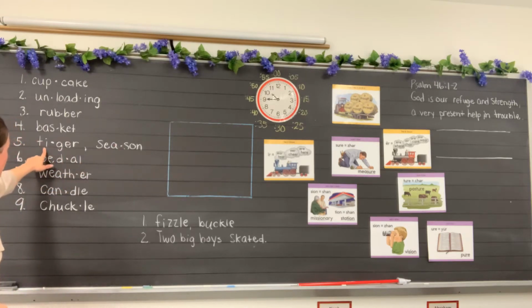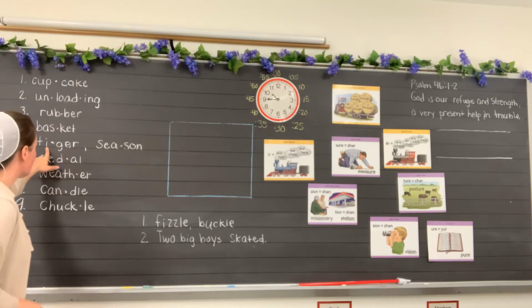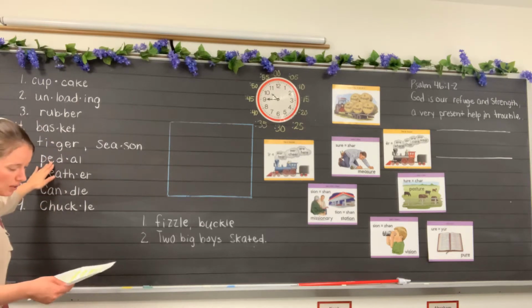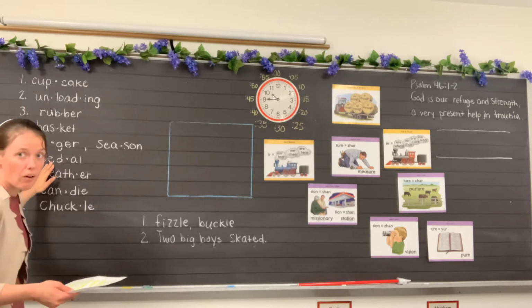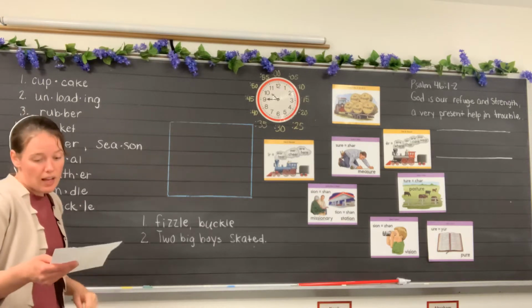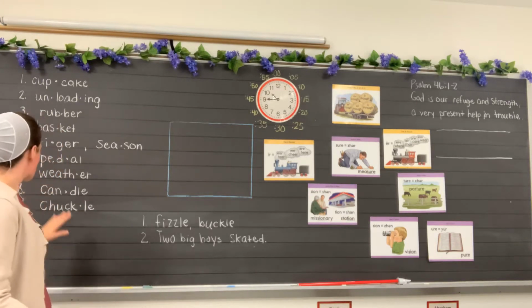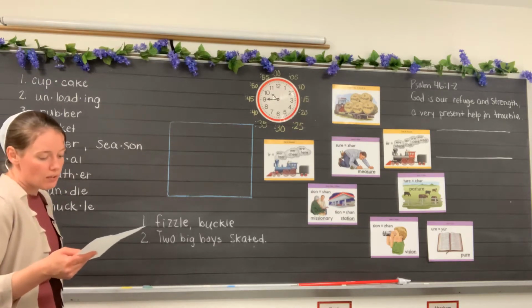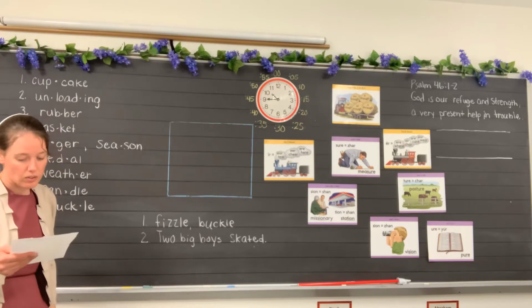And tiger, it's a long vowel, so you will need to go right after the long vowel. And then number six is divide a word with a short vowel after the consonant, as in pedal. So you would divide it after the D. And number seven, do not divide consonant digraphs.